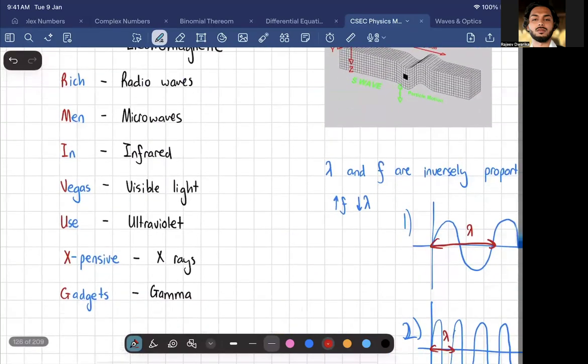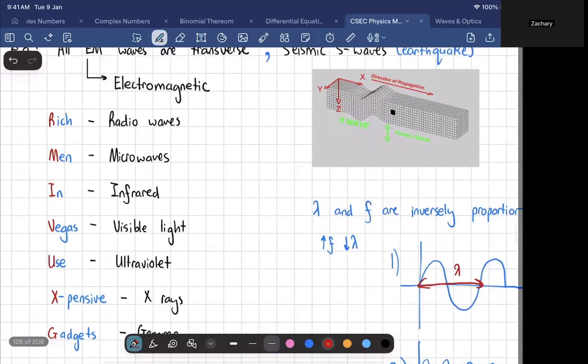So let me think common sense wise. Anybody know radio? Yes. Okay, and radio waves travel far. So out of these here, which one do you think has the biggest wavelength? The radio waves. I would agree, right?